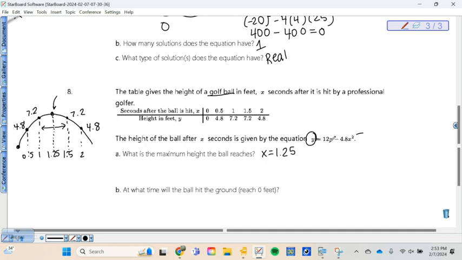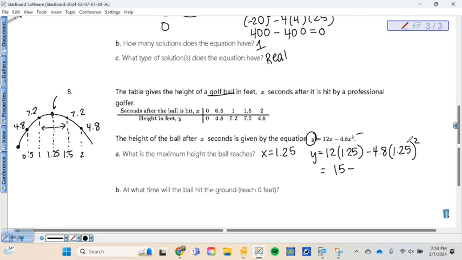I just got to plug in 1.25. So y equals 12x, so 12 times 1.25 minus 4.8 times 1.25 squared. So 12 times 1.25. Yeah, 15. And then minus. Let's figure out 1.25 squared.